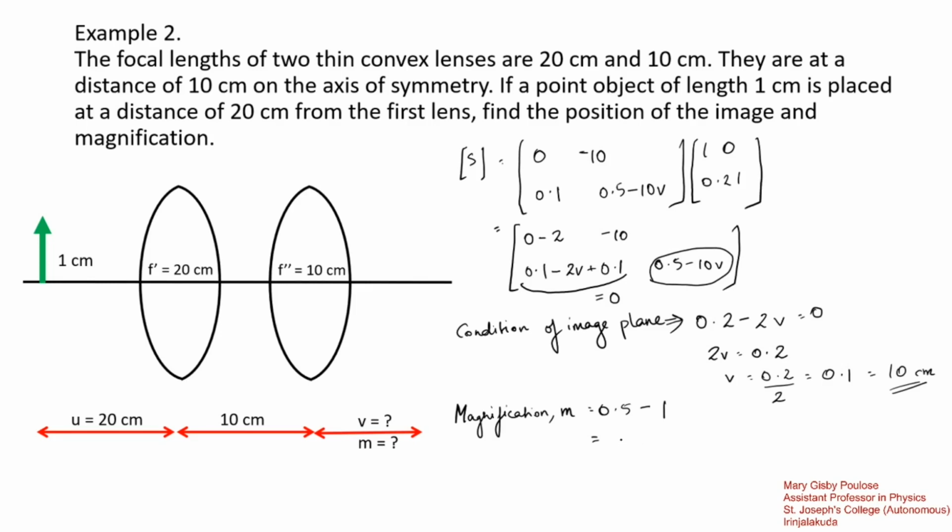So this will be equal to minus 0.5, that is minus 1 by 2. So from this I can infer that the image is inverted and it is half the size of the object. Thus, the image will be obtained like this.